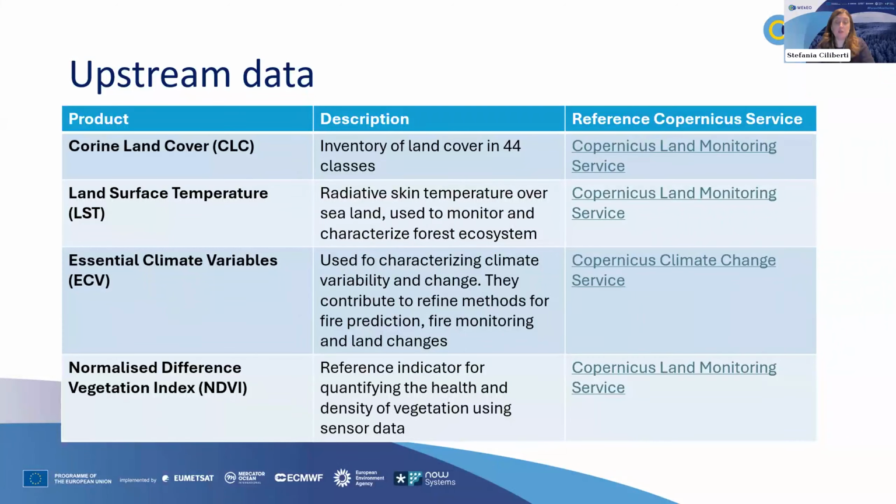Particularly, the 2-meter temperature, relative humidity, and total precipitation have been accessed. They are provided by the Copernicus Climate Change Service, and the normalized difference vegetation index provided by the Copernicus Land Monitoring Service. All these variables are, of course, part of the huge catalog, as you have seen, available in WEkEO, particularly for supporting this kind of analysis and studies about forest monitoring and understanding of the forest ecosystem capacities along the time.